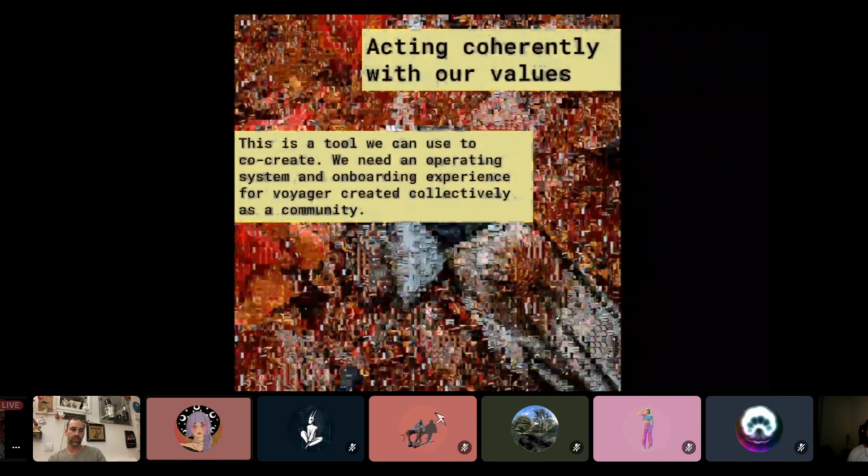But again, while we're keen to create this OS collaboratively, we're also keen to create the onboarding experience collaboratively. And we think about Voyager potentially as an interface. You can imagine showing up to the future version of the website: I'm a visual artist, I'm a musician, I'm a writer.